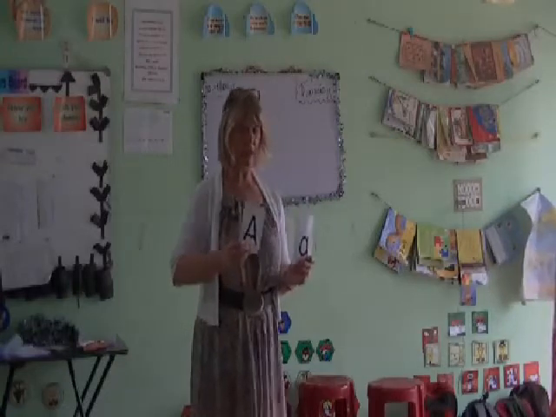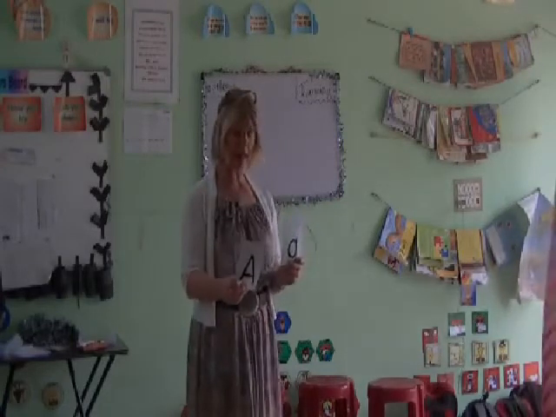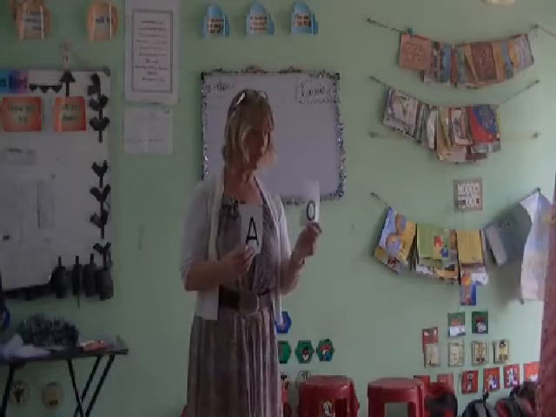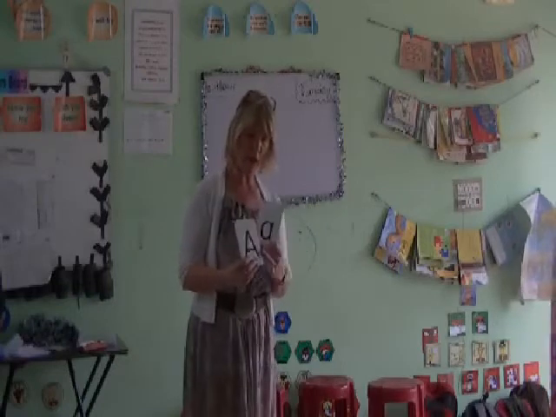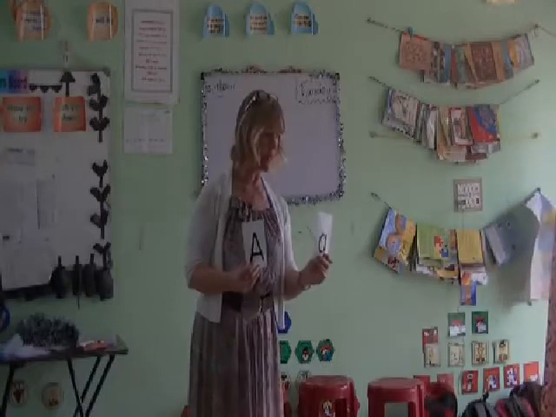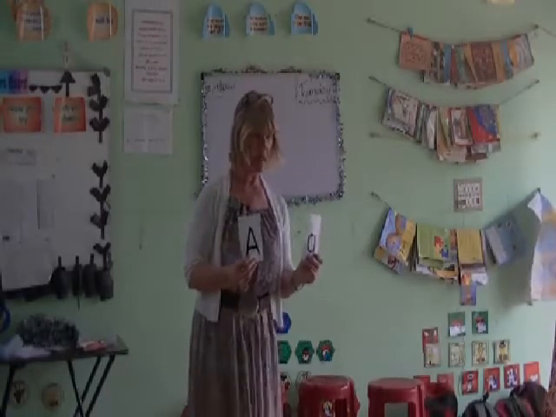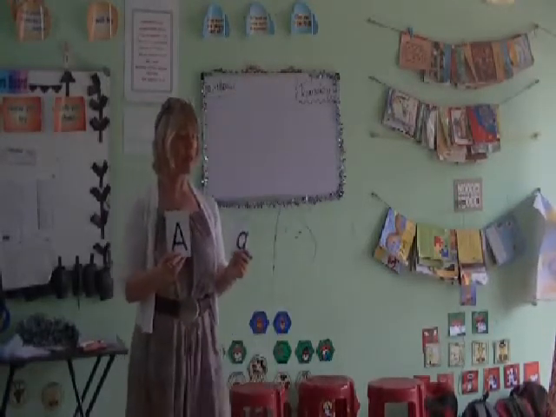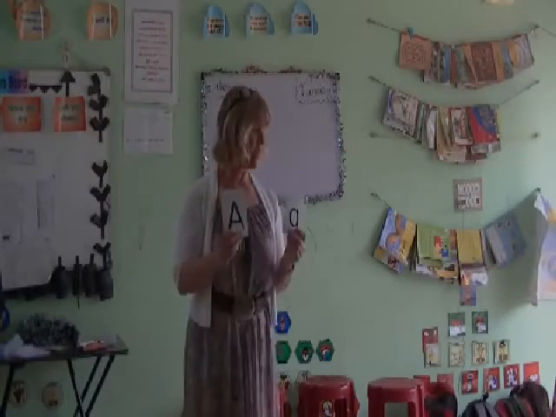This is called a capital or uppercase, and this is a small one, a lowercase. They're both the same letter, but they look different. What sound do they both make? A. They both make the sound A.